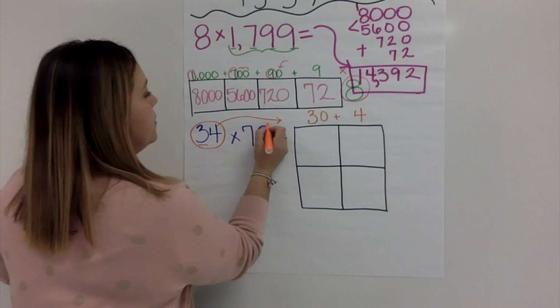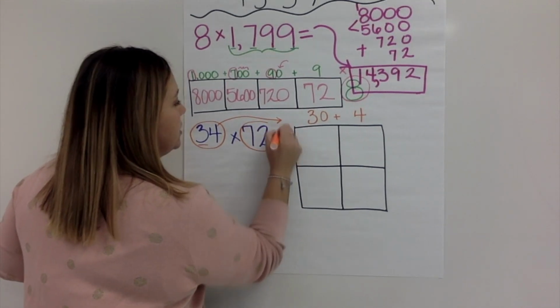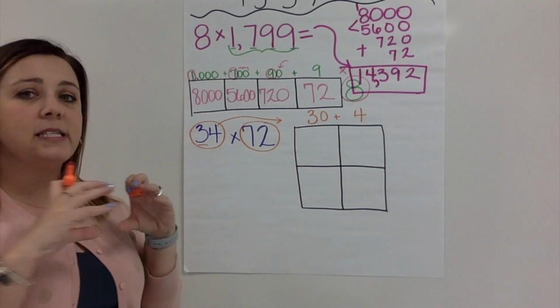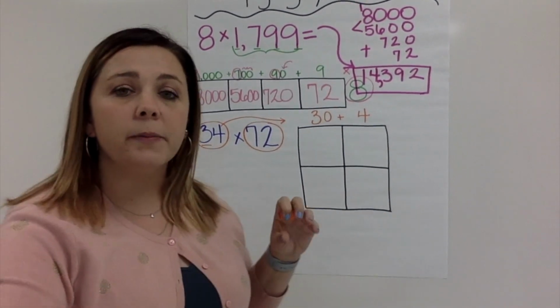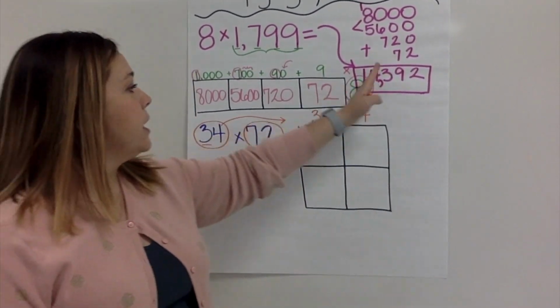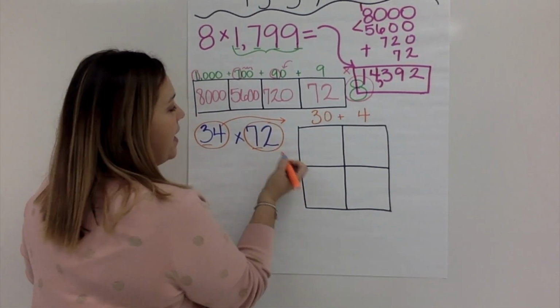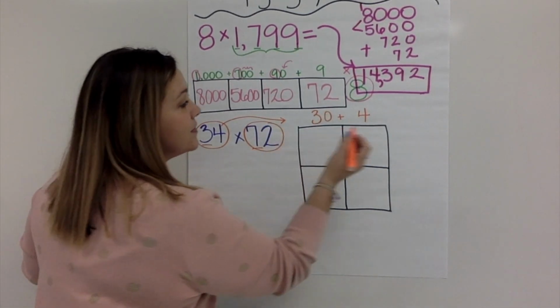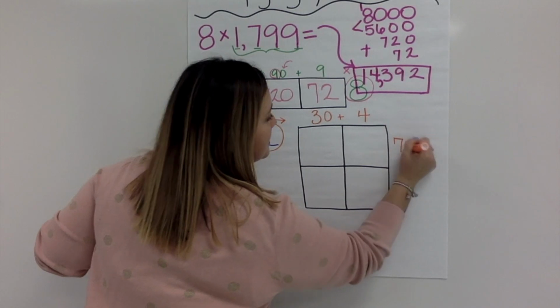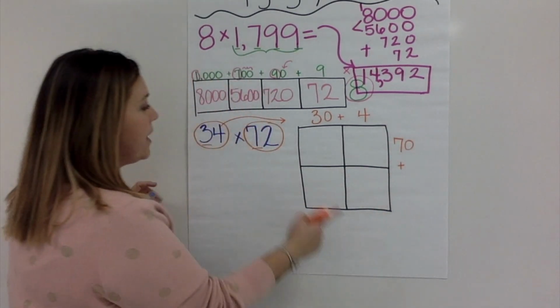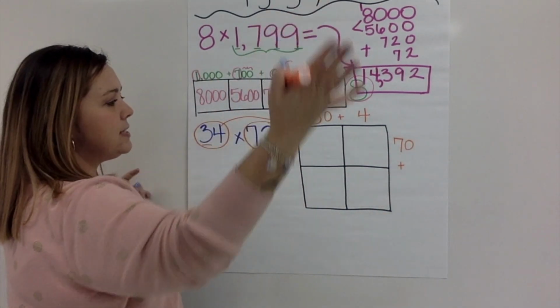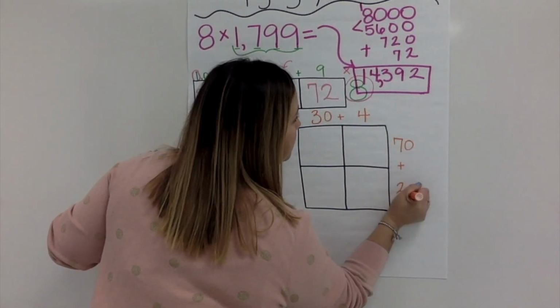Okay? Then remember our second factor, we do the same thing as far as expanding it out for expanded form, but instead of writing it along the top, we're going to come over here and we're going to write it along the side. So the 7 has a value of 70. Excellent. We've got to add our values together. 2 is in the ones place, so it's simply 2.